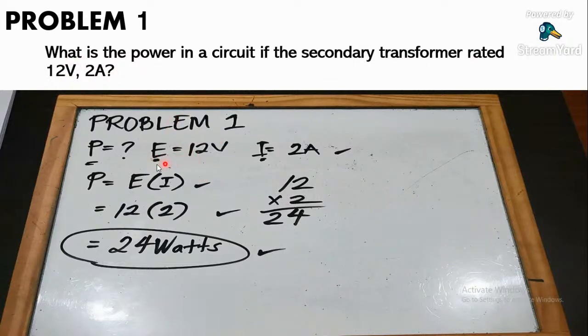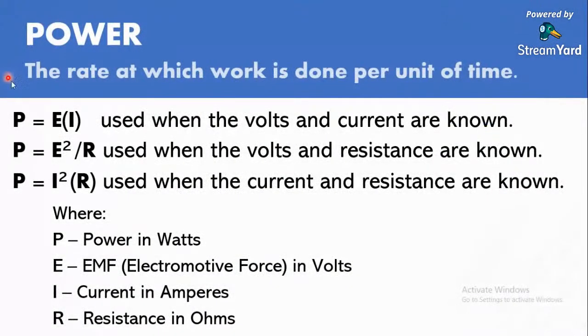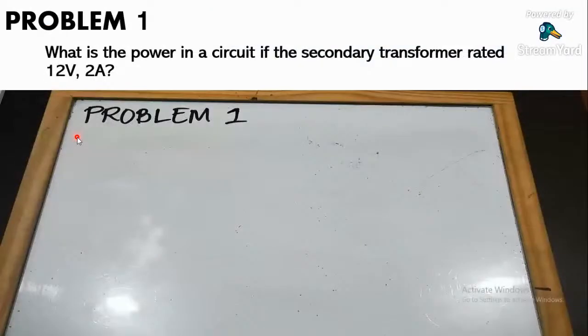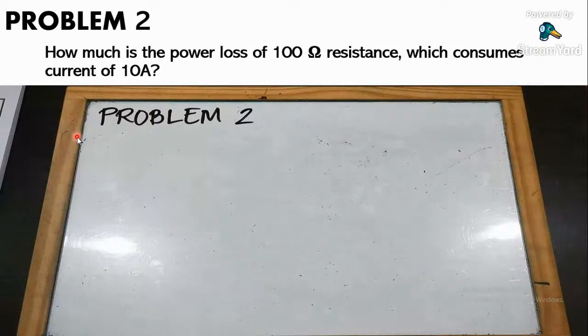So that is EMF or voltage, and ang given natin is current. So ang ginamit nating formula is power equals EMF or voltage times current. Okay? Kasi katulad nung sinabi kanina dito sa discussion natin, kapag given si volts at current, ito yung gagamitin natin na formula. So that is for the problem number 1.